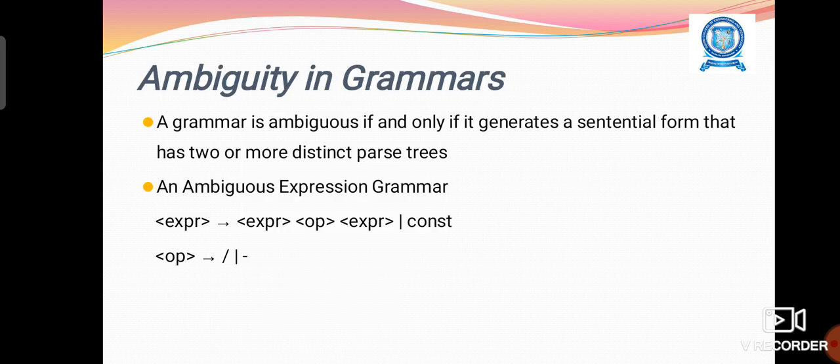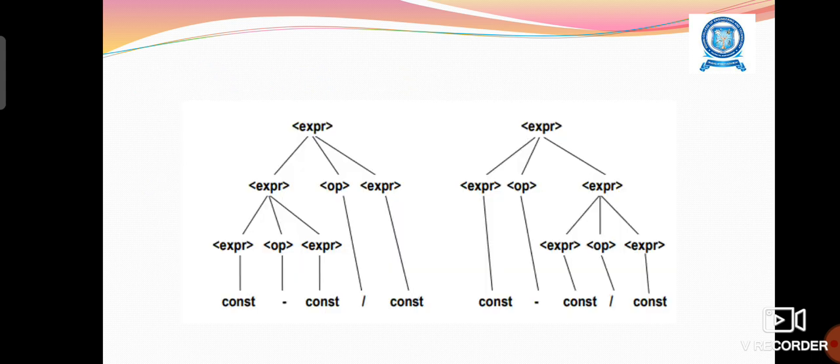Ambiguity in grammar. For the same derivation, if we are able to get two different parse trees, this grammar is called an ambiguous grammar. We say there is an ambiguity in the grammar. So this is an example.